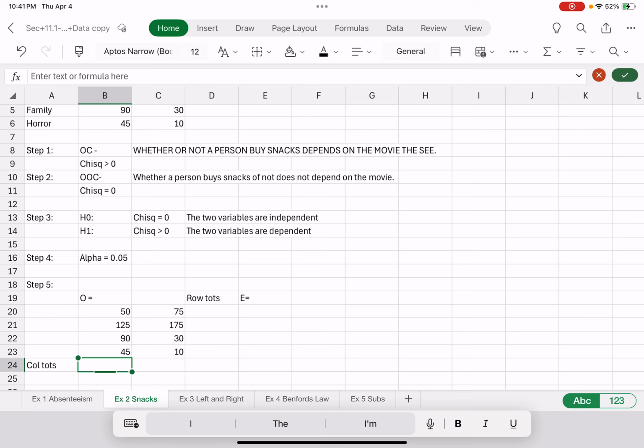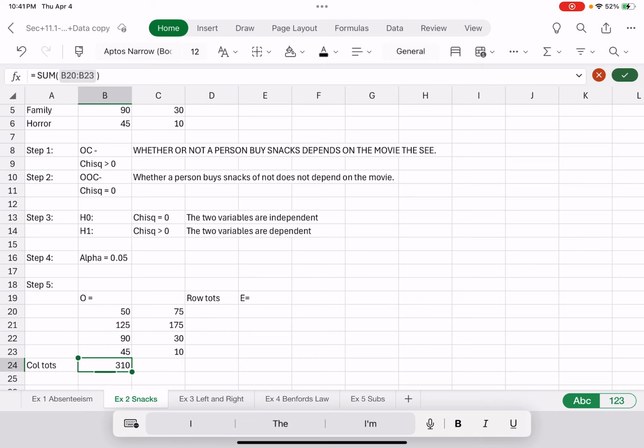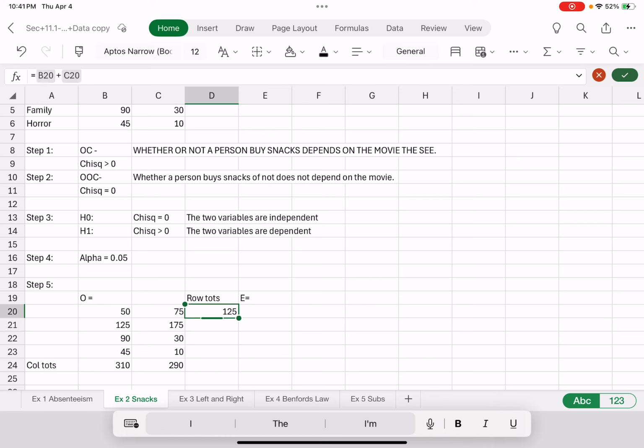Okay, so I'm going to go equals sum, like that. Enter. Okay. Command C, Shift over, Command V, there. Now this one equals that. Well, I could just do that plus that, couldn't I? There. Equals that. Didn't even need to use the sum.